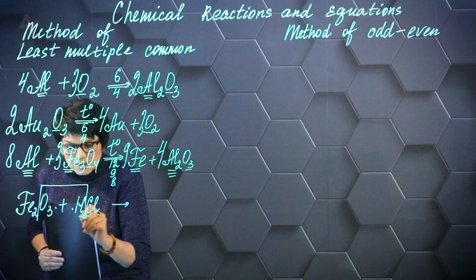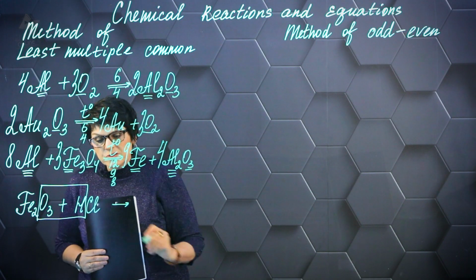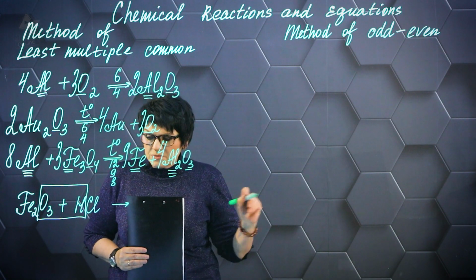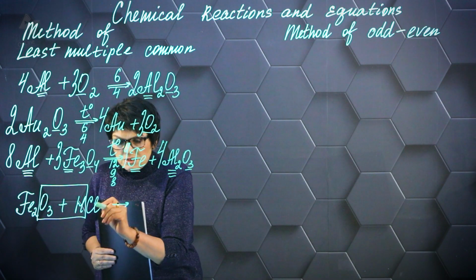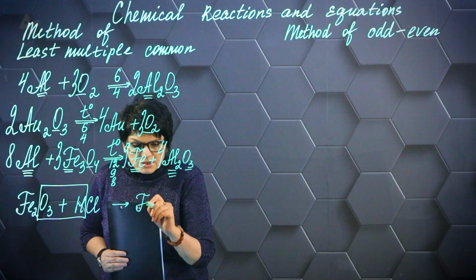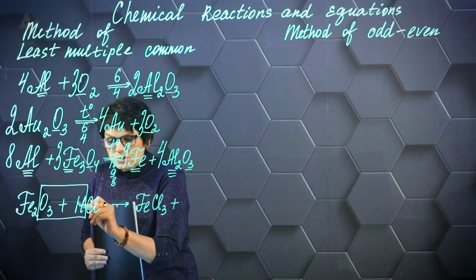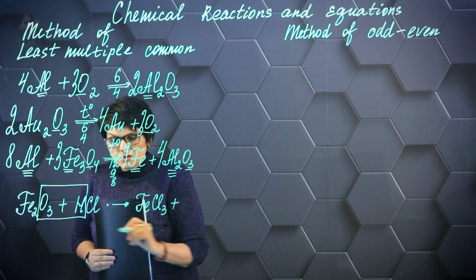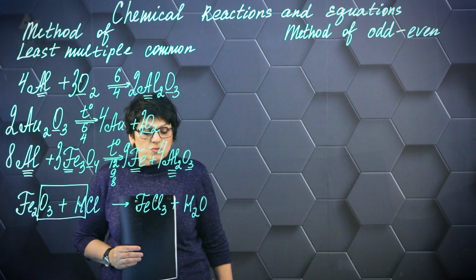And in order to guide ourselves in the correct direction towards the right side, let's position a small helper frame to assist us. We are merging iron with chlorine. As a result, it ultimately transforms into iron chloride 3. And secondly, if there is hydrogen and oxygen remaining in the frame, it is always water. So this reaction will be irreversible.